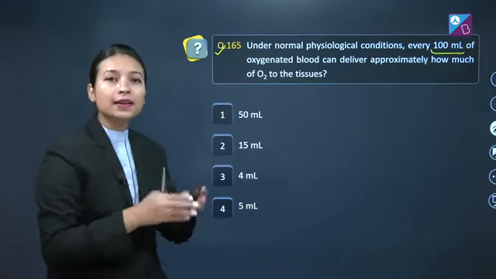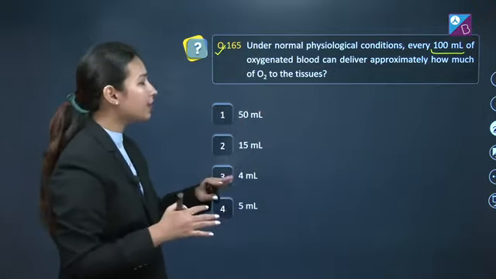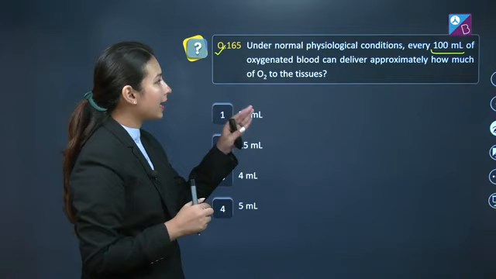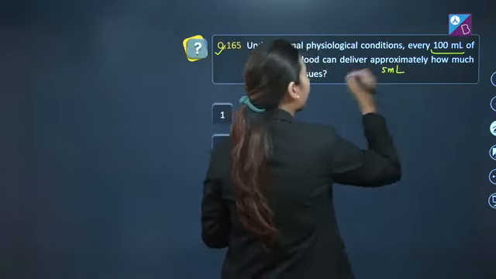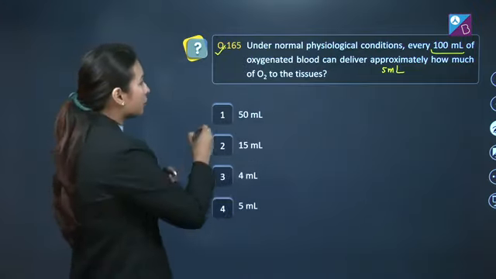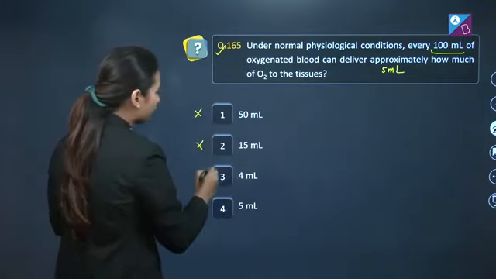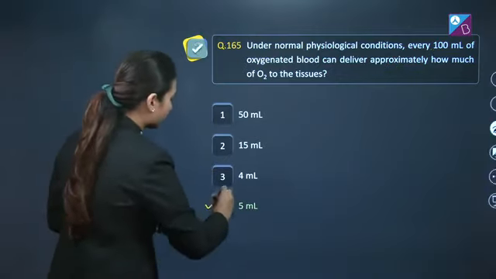So students, this is written in NCERT also, that every 100 ml of oxygenated blood can deliver approximately 5 ml of O2 to the tissues. So option number 1, 2 and 3 are incorrect, and our correct answer here is option number 4.